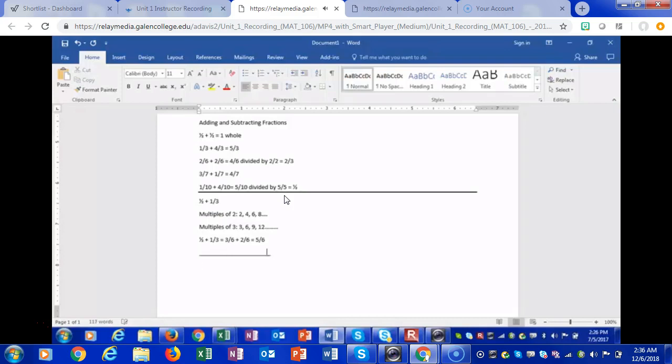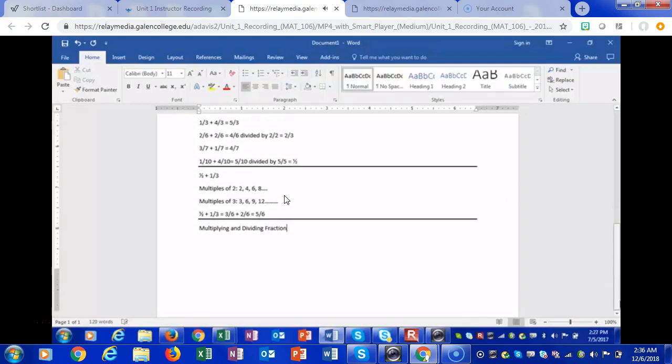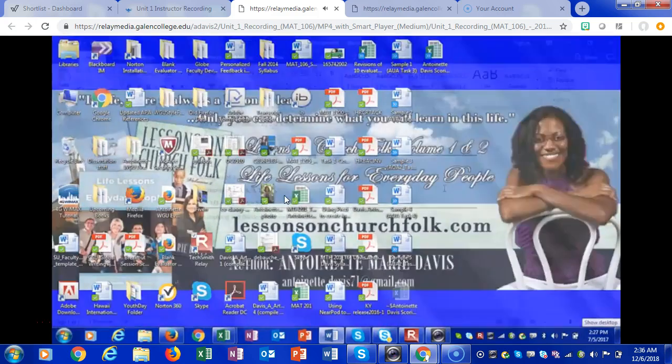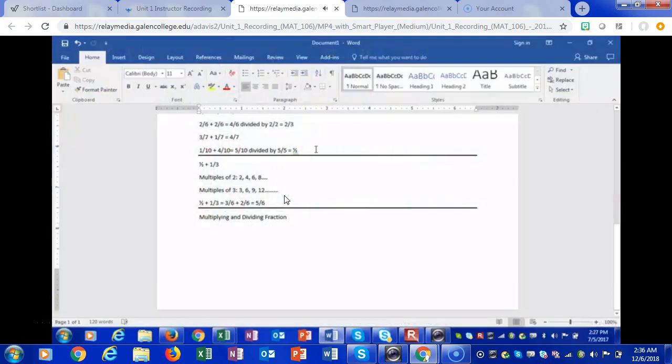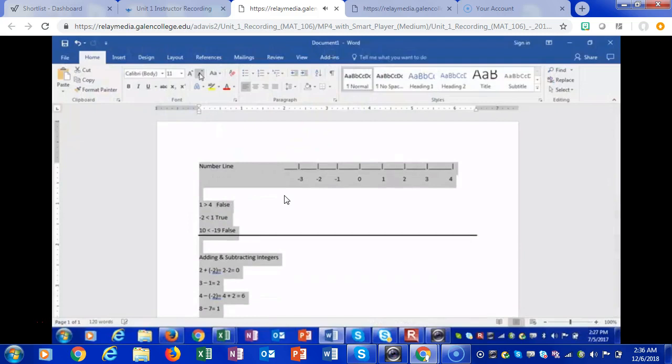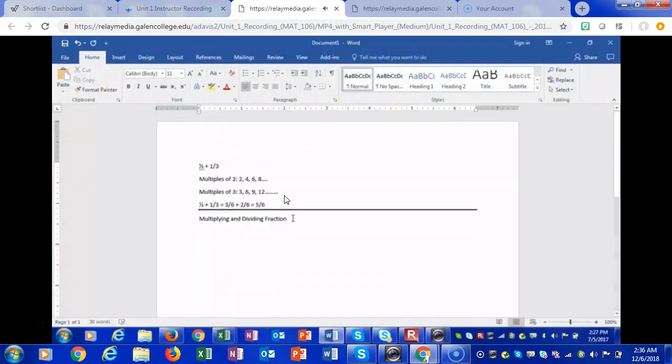Multiplying and dividing fractions. All right.